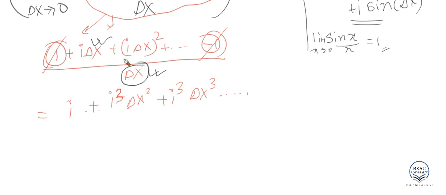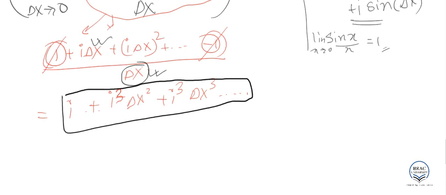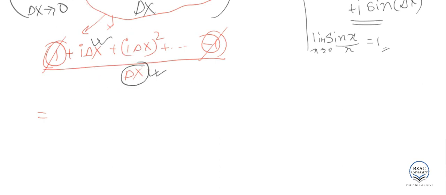So I have a term missing, so let me erase this whole thing and write it again. So the first term will be i, the second term will be i squared del x, third term will be i cubed del x squared, and so on.